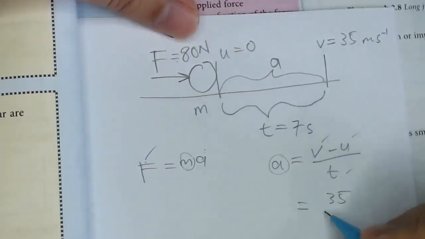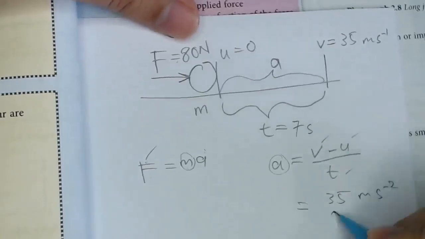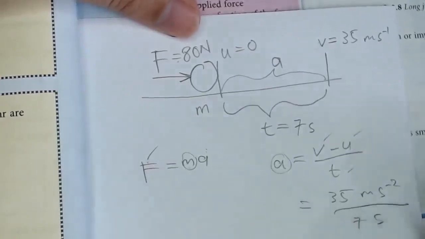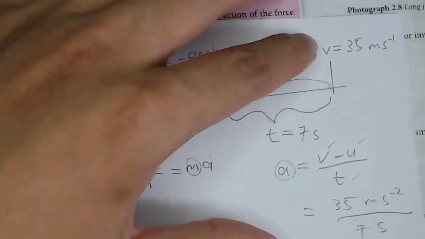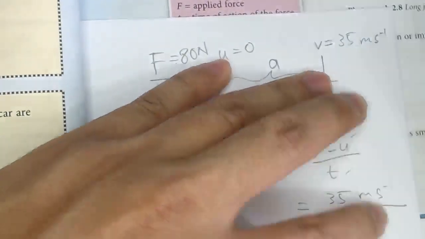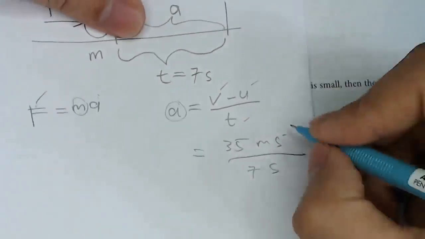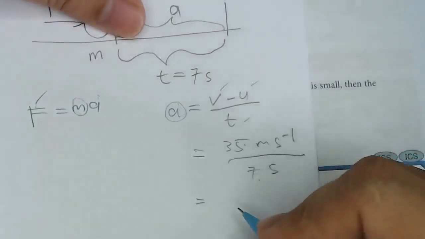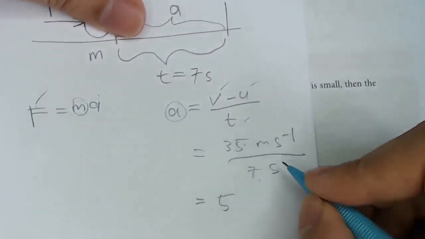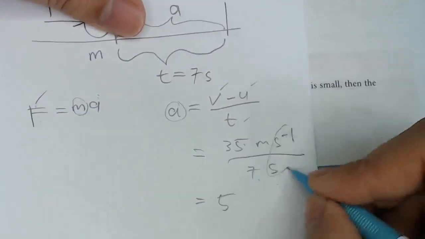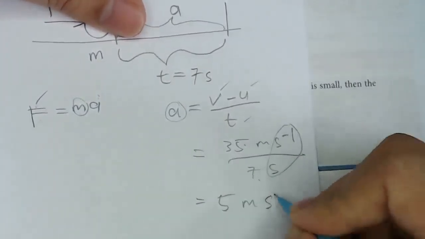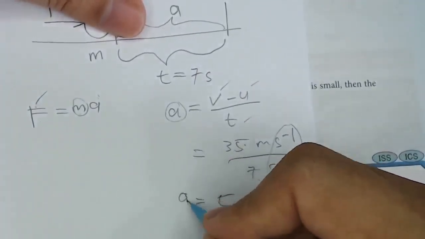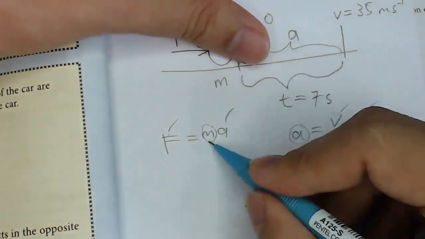So we have 35 meter per second minus 0 divided by 7 seconds. 35 divided by 7 is 5. So here is the value for A, 5 meter per second negative 2. Okay, now we have the value of A.